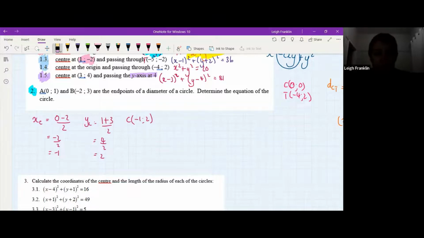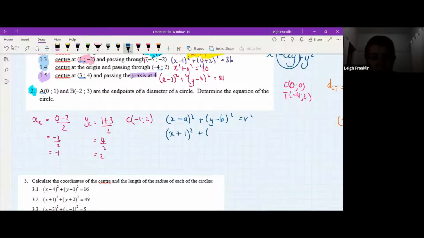Look here. If we use x minus a squared plus y minus b squared equals r squared, this is what Kumo did. This is lovely. We know that the coordinate at the center as far as the x is concerned is going to be +1.